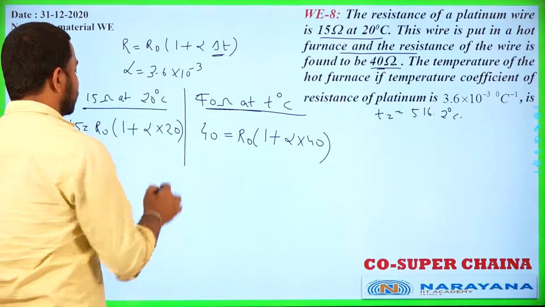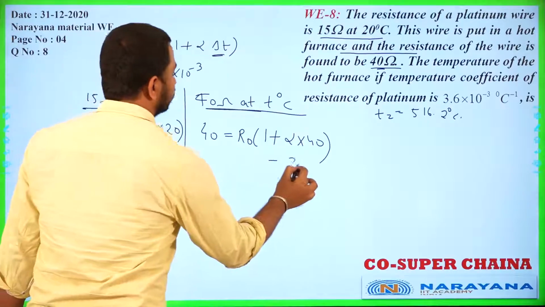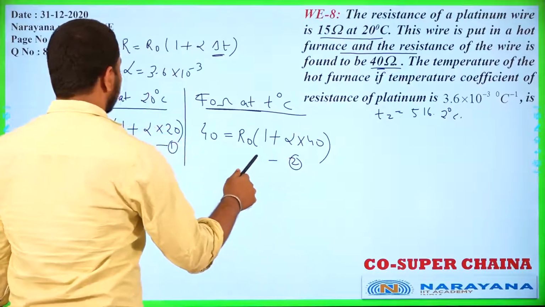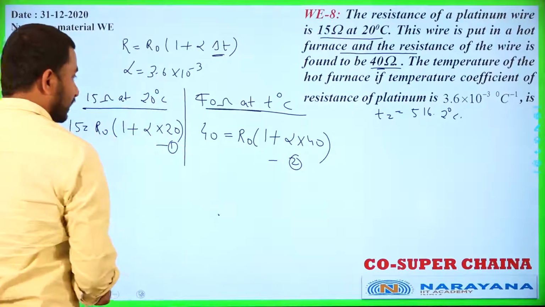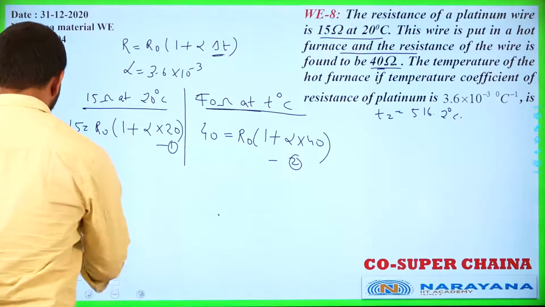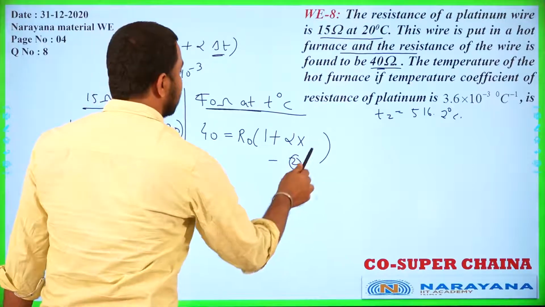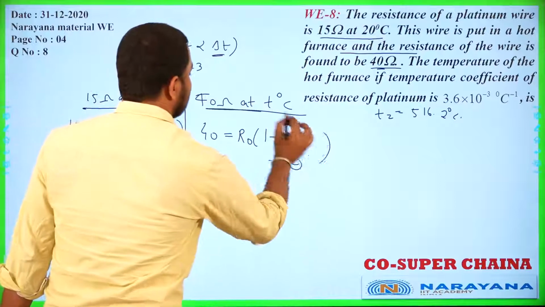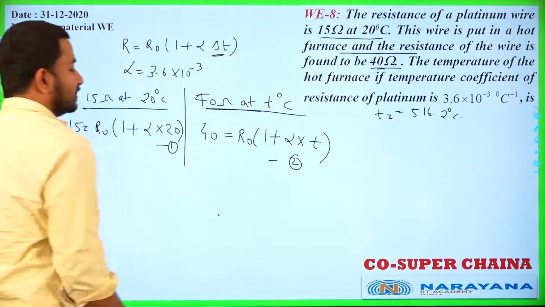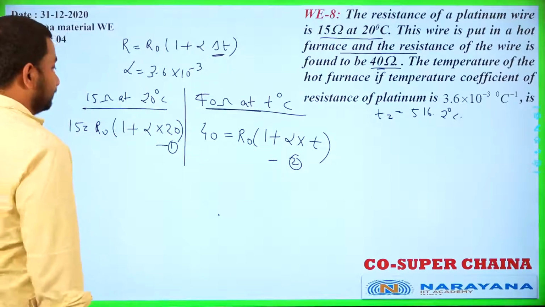So we have two equations, equation 1 and equation 2. Here this T we need to find, T degrees Celsius, taking the temperature difference as T.